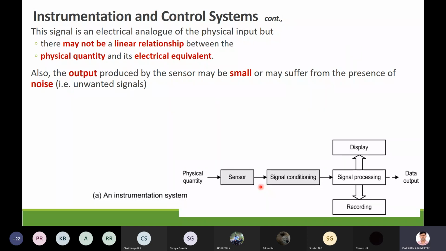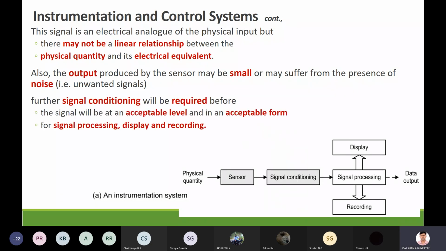Whenever it adds to the output of my sensor signal, I have to validate my signal at the signal conditioning. Validate means checking whether the output of my sensor signal is greater than or equal to 5 millivolts. I am just taking it as an example here.